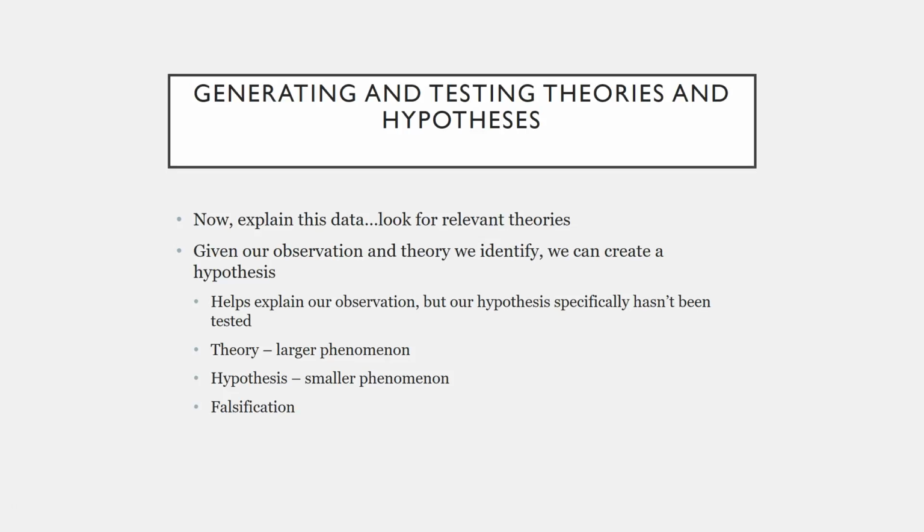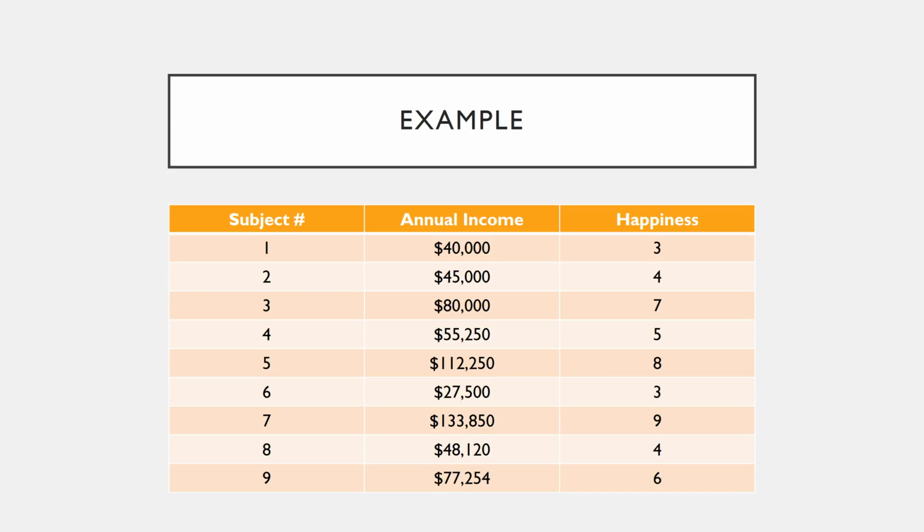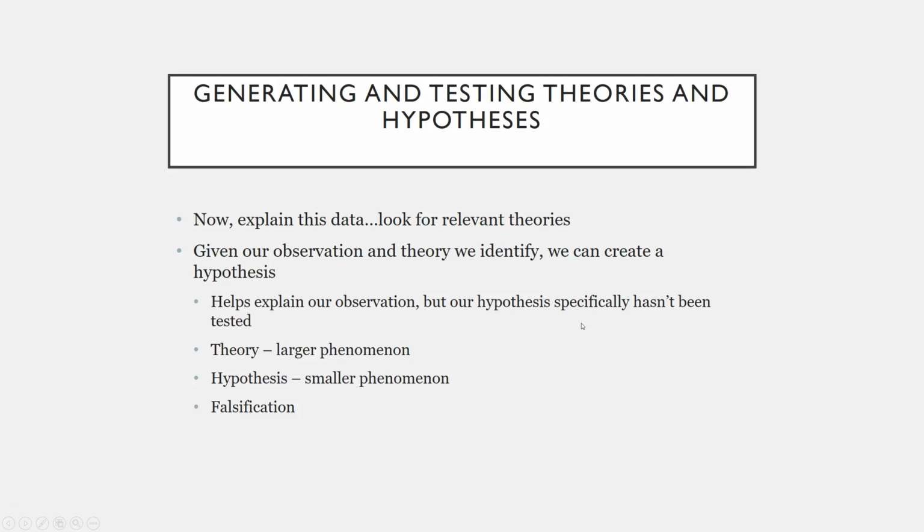So we will try to create a hypothesis, and we can go back and use my example here. We will say that our hypothesis is that annual income is positively correlated to the happiness score. There's our hypothesis. We're going to try to test out that hypothesis and see if it works, and we'll be operating under a theory.